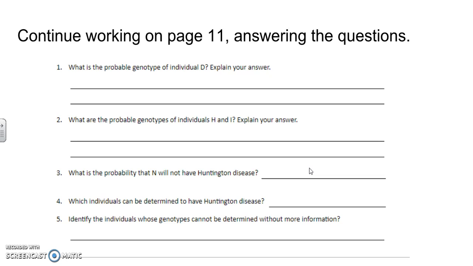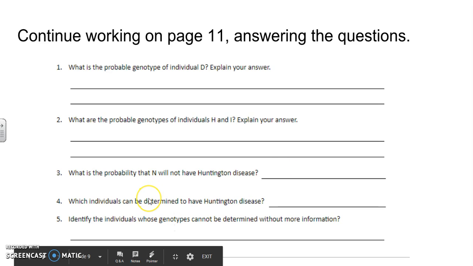It will be 2 numbers, and you would say, well, they have between a 33 to 73% chance of not having Huntington's disease. So you would calculate the probability for both Punnetts running both possible genotypes for that person I, and then you're going to have that as a range. And then again, you're answering numbers 4 and 5.